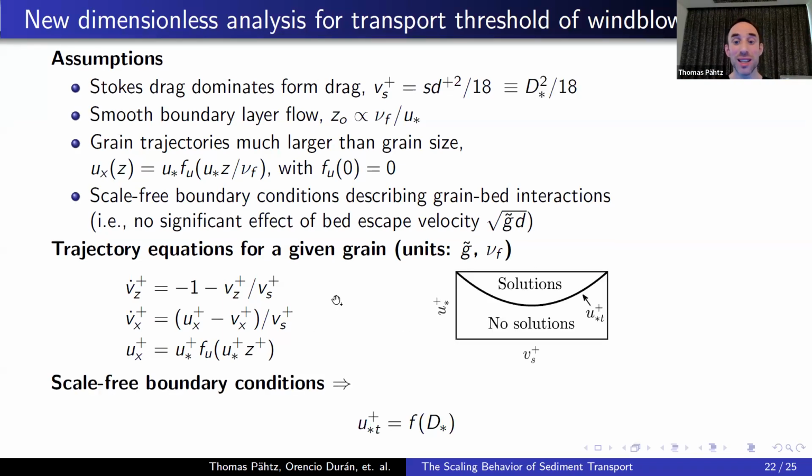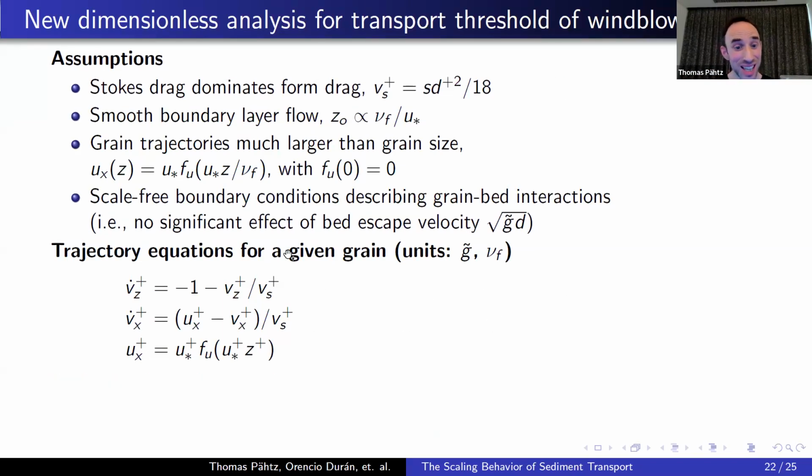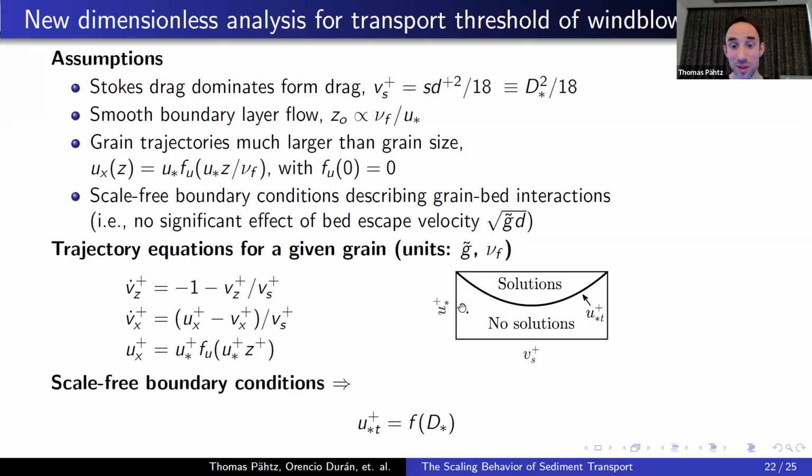What you basically find is that the entire system of equations, including boundary conditions, is determined by two dimensionless parameters, the U star plus and the VS plus. For a given U star plus and VS plus, we will get either no solution or a solution of the system with boundary conditions. We define the threshold as the interface between solutions and no solutions.